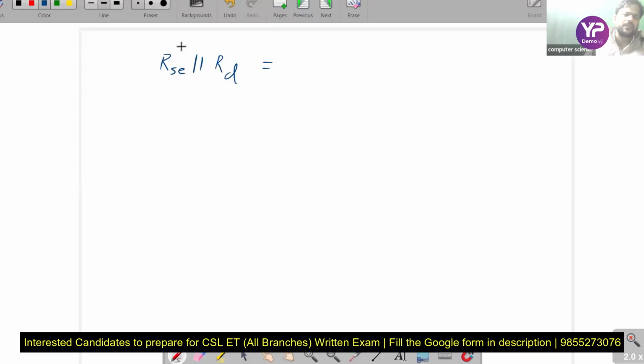Similarly, RSE parallel RD equivalent is RSE into RD upon RSE plus RD.